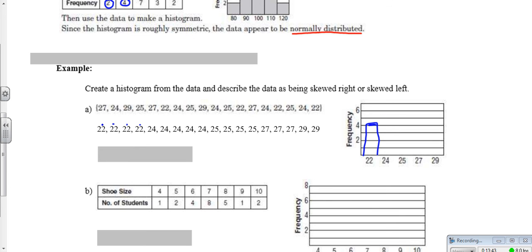Then I would fill it in. 24 shows up 5 times, so a little bit more. 25 shows up 4 times.